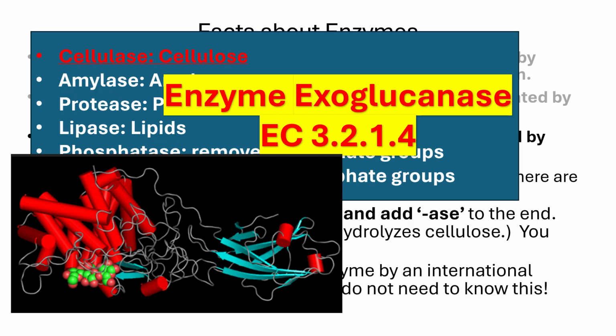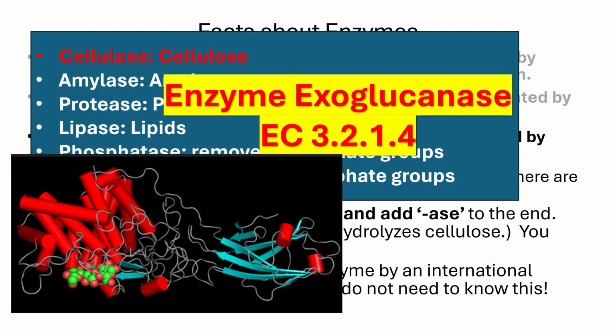And I've forgotten my enzyme nomenclature. It's been a few years since I've had to use it, but I believe that the numbers have a specific meaning as well. I believe the number 3 means that whatever enzyme this is, it works by hydrolyzing its substrate, and then I think the number 2 means that it's an exoglucanase rather than an endoglucanase.